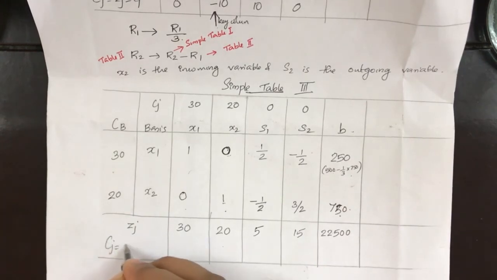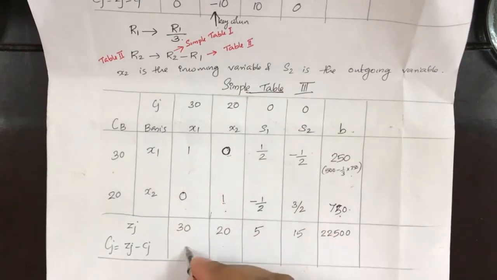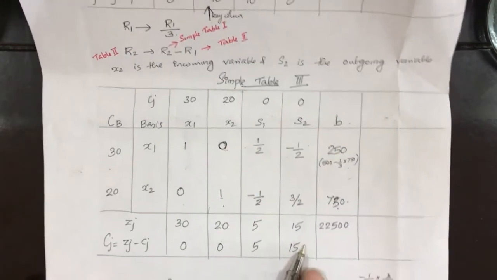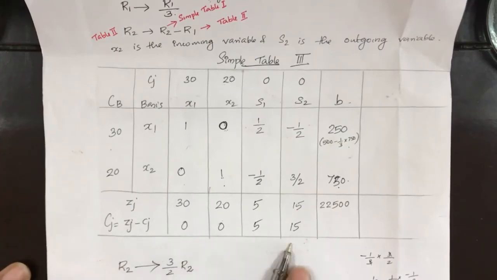Then Zj minus Cj: 30 minus 30, 0. 20 minus 20, 0. 5 minus 0, 5. 15 minus 0, 15. So all Zj minus Cj values are greater than or equal to 0.